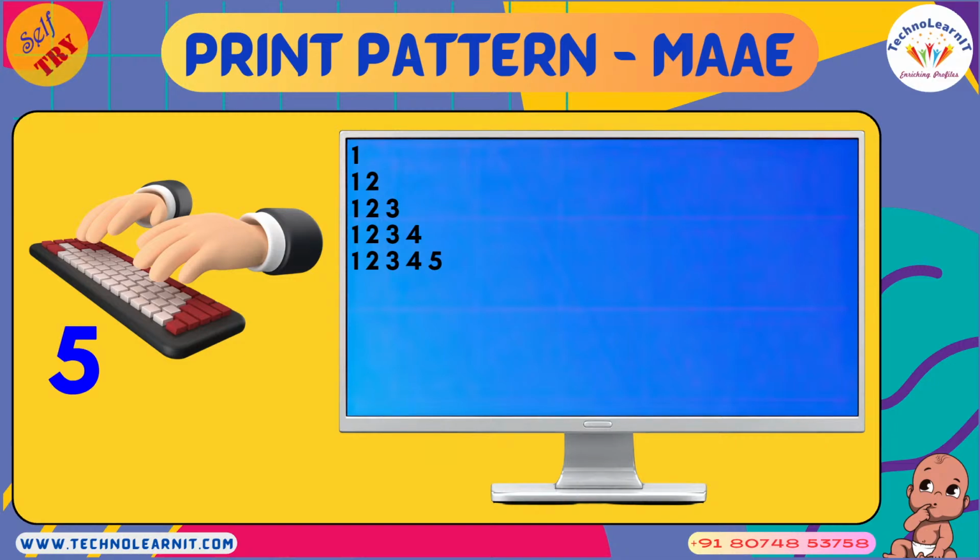And what are our other observations? Each row starts with what? Each row starts with 1. And in the first row, there is only one output to be produced. In the second row, two digits to be produced. Third row, 3 digits to be produced. Fourth row, 4 digits. And the fifth row, 5 digits. If I had an eighth row, I now can assume I need to produce 8 digits of output.